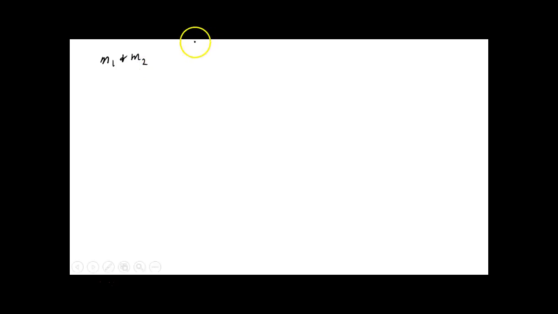The first one, m1 and m2, are real and distinct. Okay, what does that mean? That your discriminant, b squared minus 4ac, is greater than 0. Greater than 0, not greater than or equal to, greater than 0. You have two real solutions. Okay?